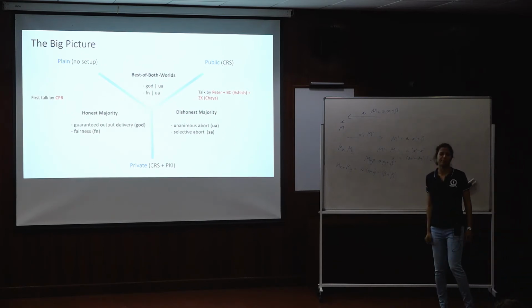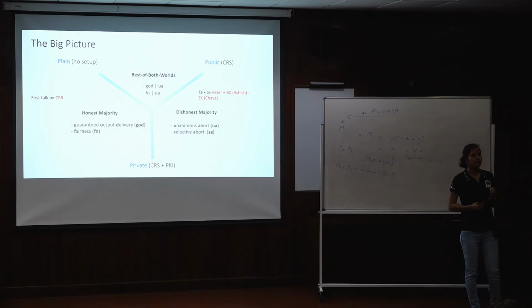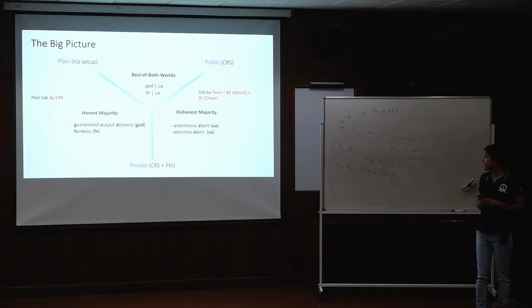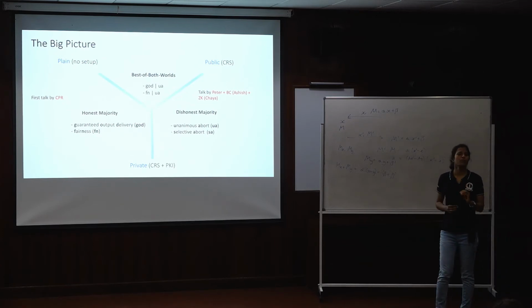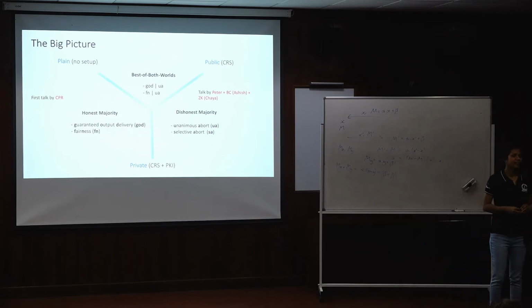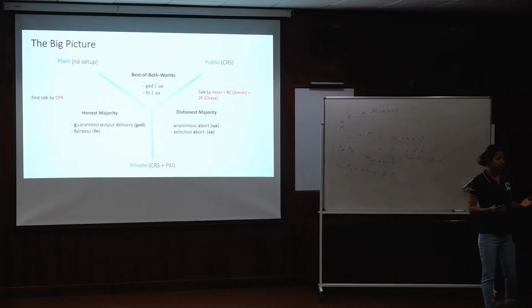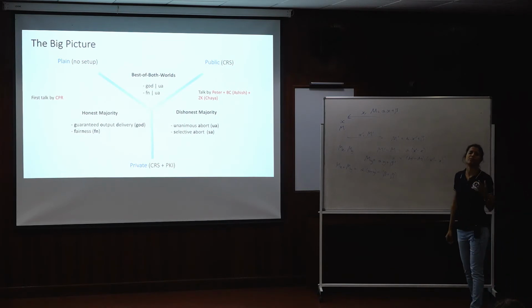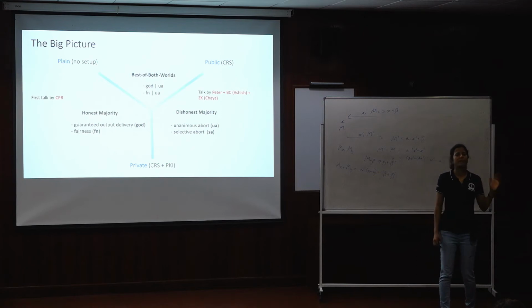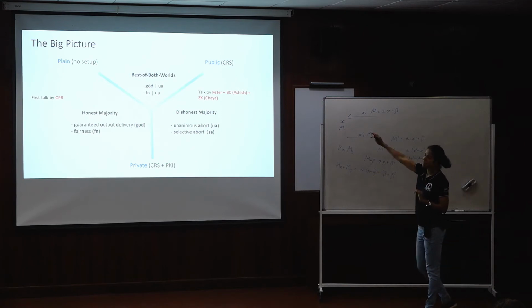Then we have a class of protocols where we use some public information which we call a common reference string or common random string. They are slightly distinct, but this is something which we assume that some trusted party has created for us and distributed to all the parties in the beginning, and after that they start the protocol. This setting is used to circumvent some impossibilities, but do not care for now; there are protocols designed in such settings.